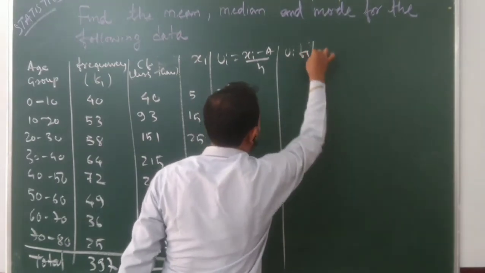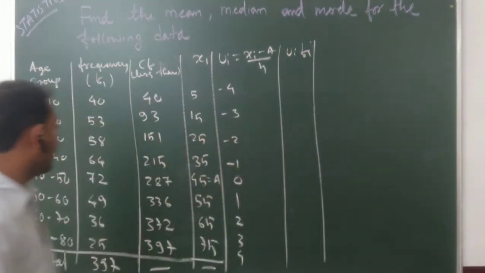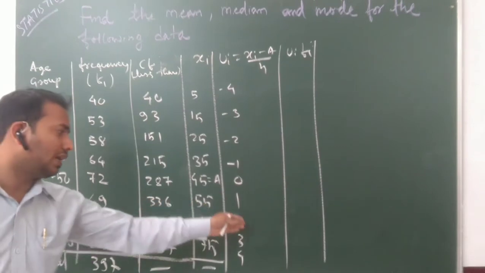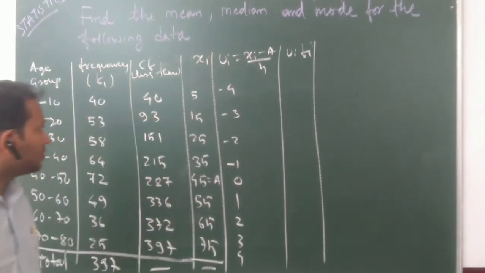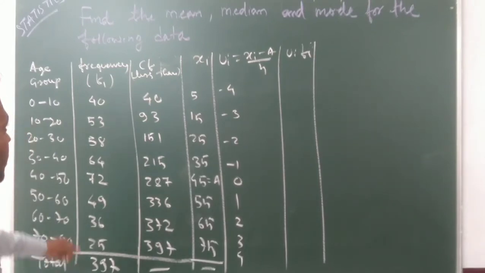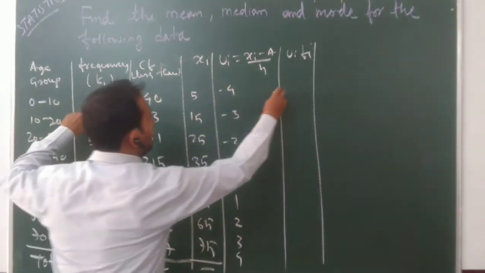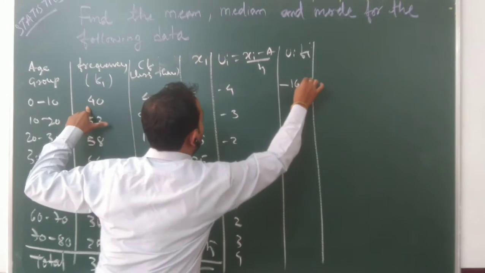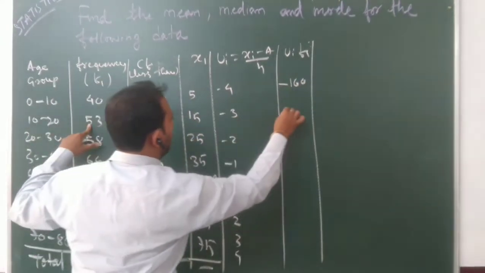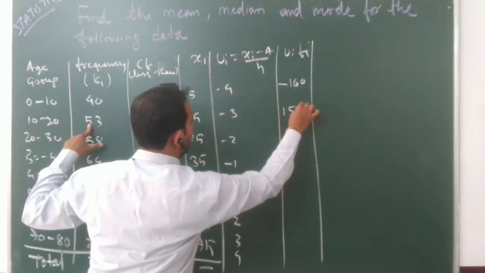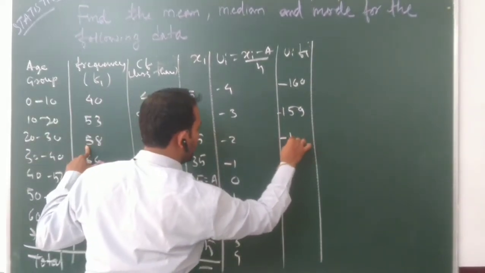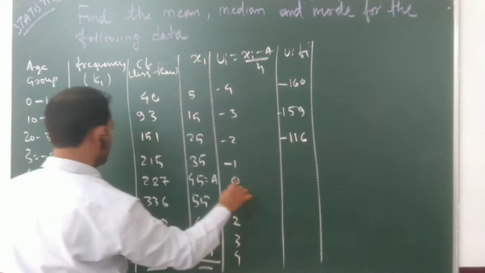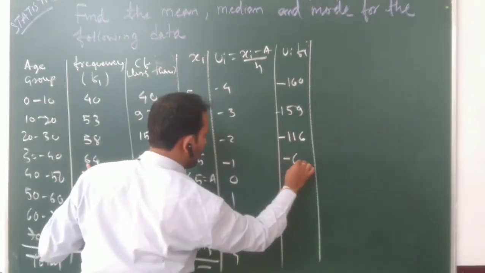So these are your last two columns. If you have 1, 2, 3, 4, 5, 6 columns, you can find mean, median and mode. So let's see what we're going to do. u and fi, if you multiply here, that is -160, and for this one you will get -159, and this is -116, and this will give you -64.